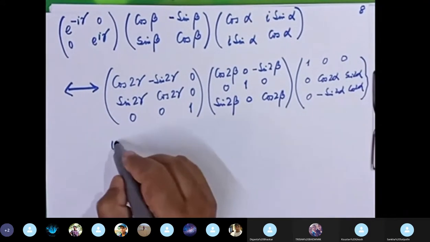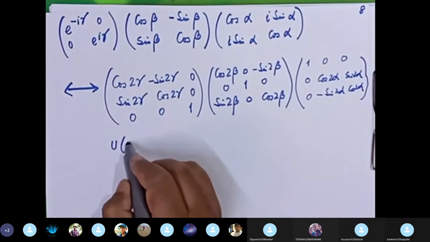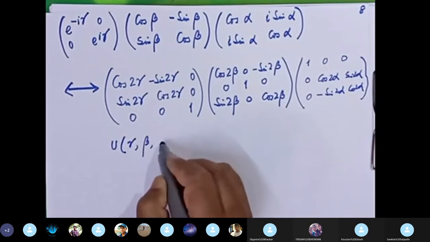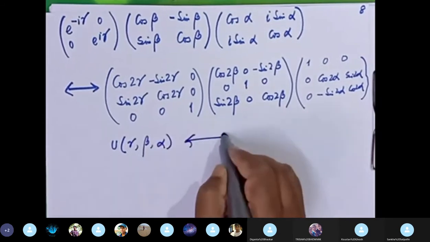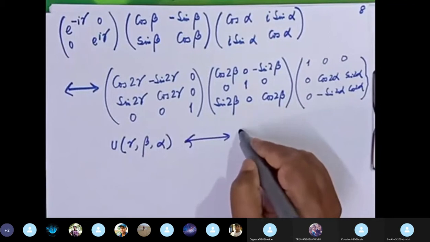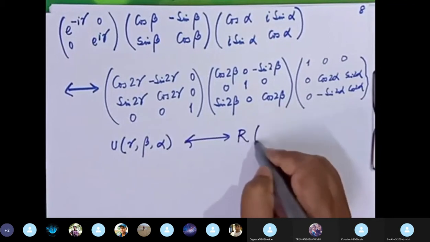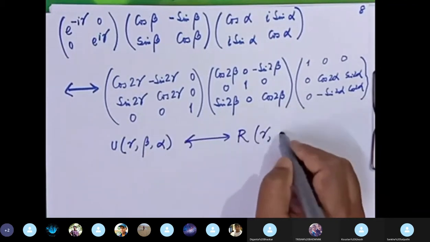So this is U written in terms of gamma, beta, alpha, and this matrix R is written in terms of the same parameters.